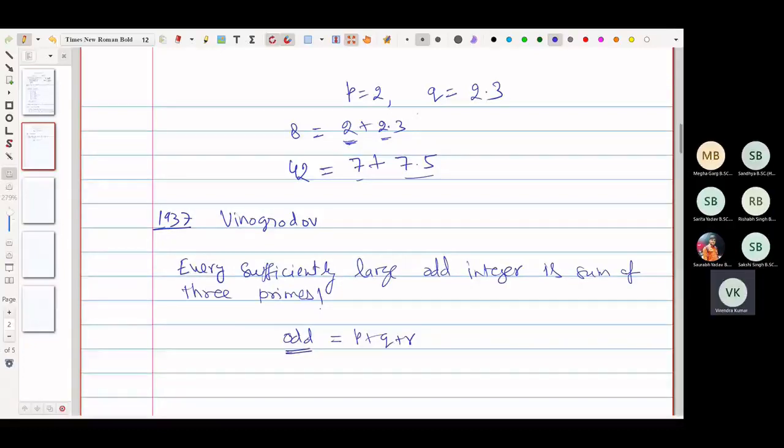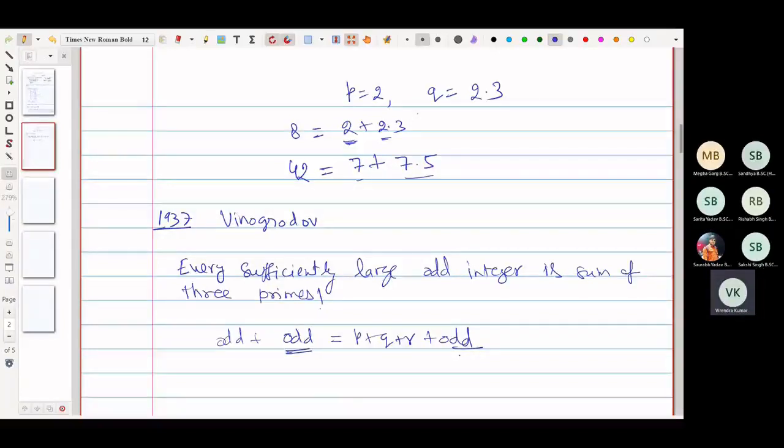Of course, we are not going to multiply. We should add something, and that number should be odd. Another odd number.